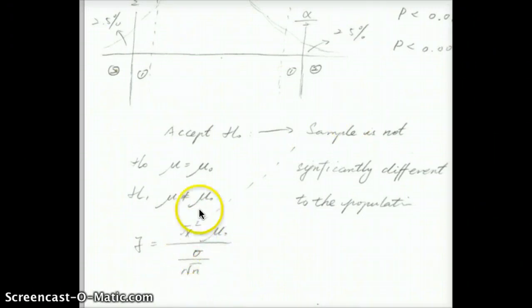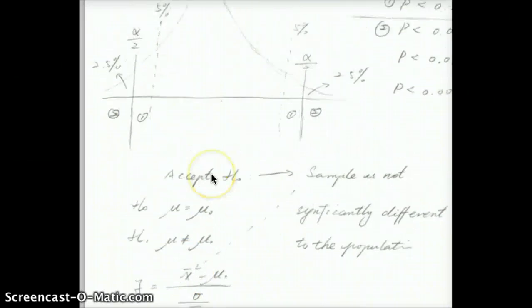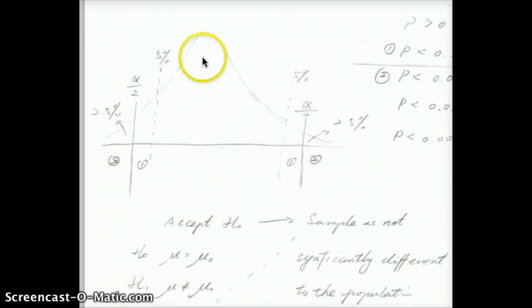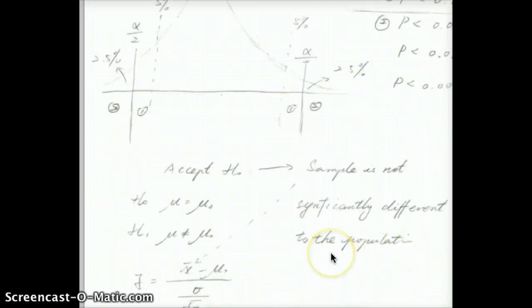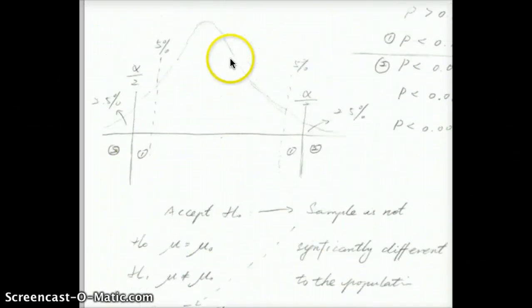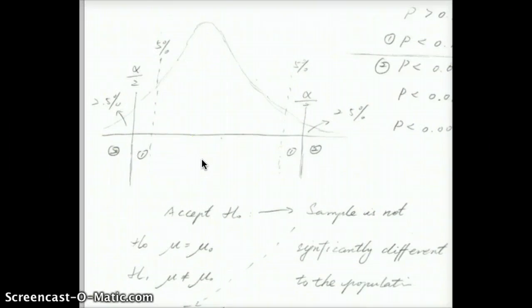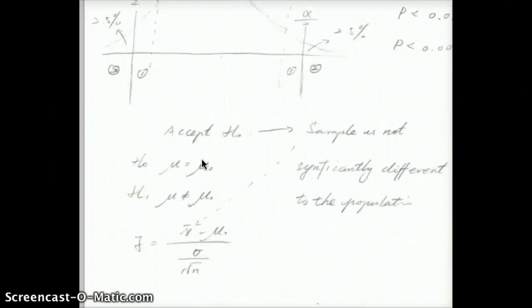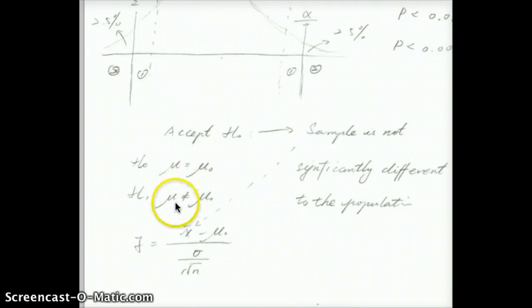This is in this area, and there is a very high probability for them to equal each other, which means the sample is not significantly different from the population. And if x bar minus mu 0 gives you a value very far from the center of this distribution, then of course the sample is very different from the population, or mu is very different from mu 0.